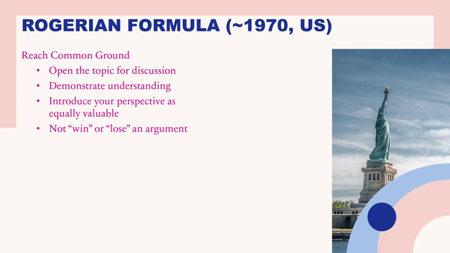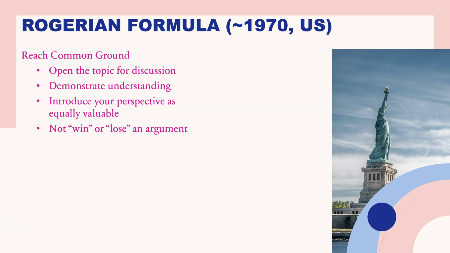This comes from about the 1970s in the US. The goal or the purpose is to reach a common ground, so to open the topic up for discussion rather than to win an argument or rather than to protect yourself from losing an argument. We want to demonstrate understanding. We demonstrate that we understand the issue.